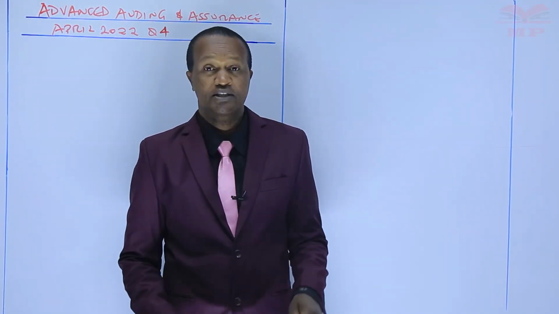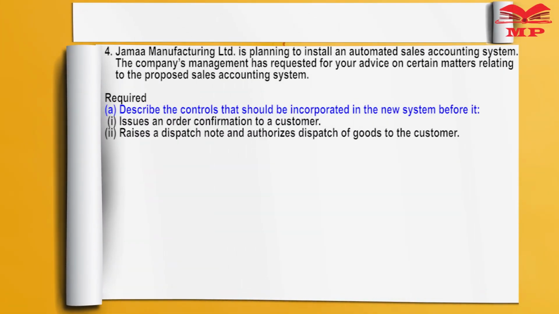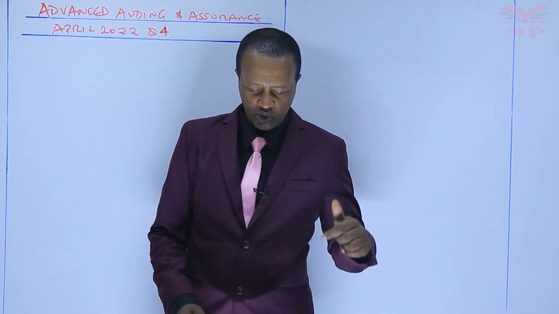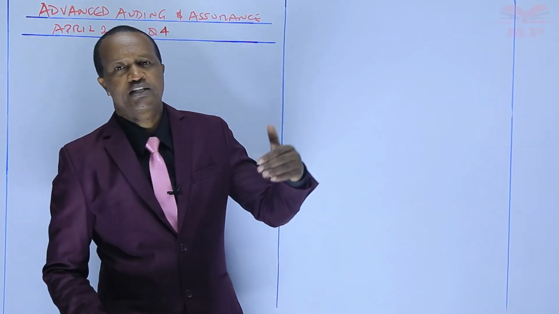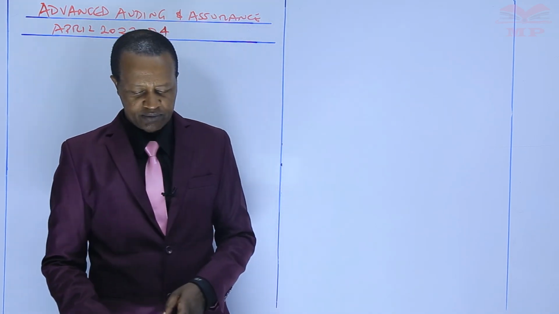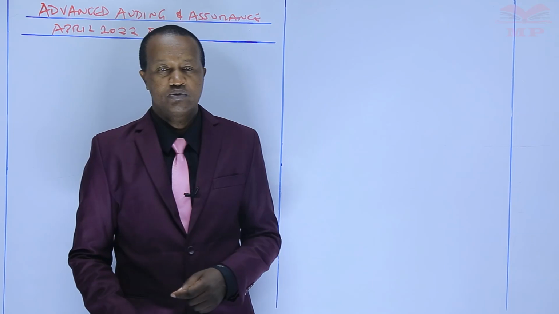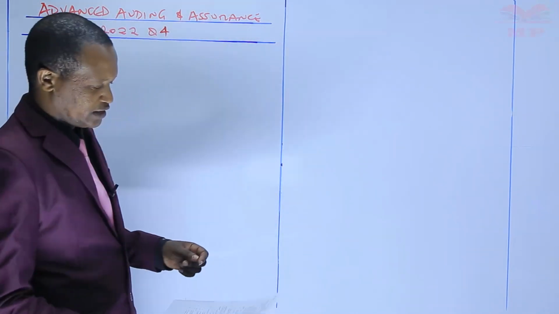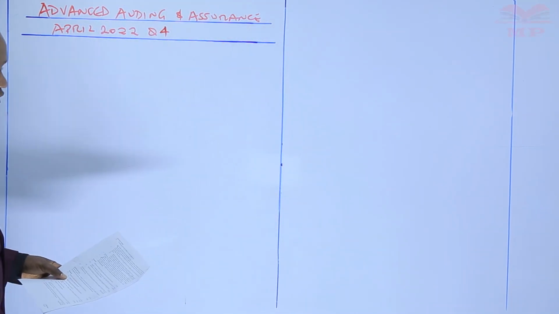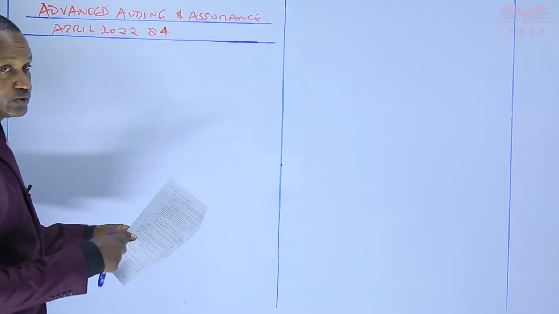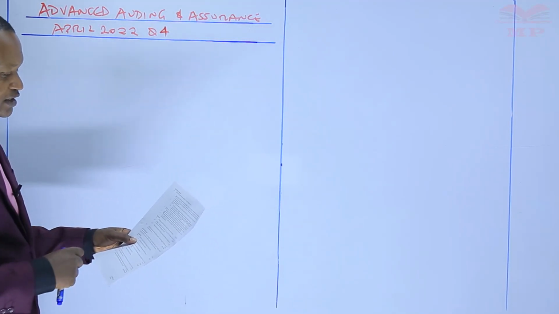That will help you answer such a question. Candidates were to describe the controls that should be incorporated in the new system before it issues an order confirmation to a customer. If you do not know the various stages in the sales system, it may not be easy for you to answer such a question. So students who had knowledge in relation to the sales system, it's very easy to answer a question like this one.